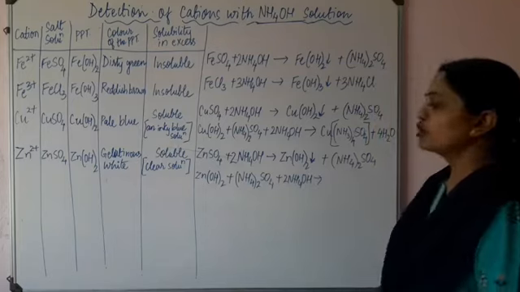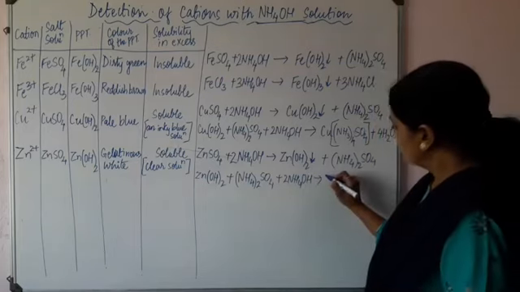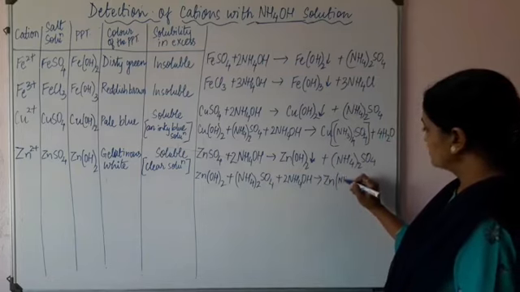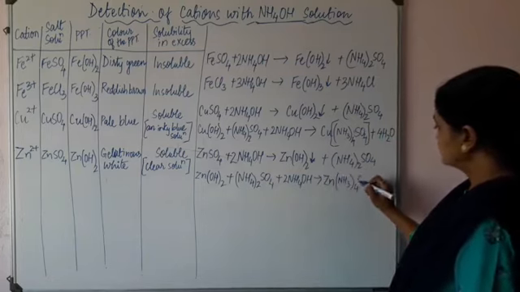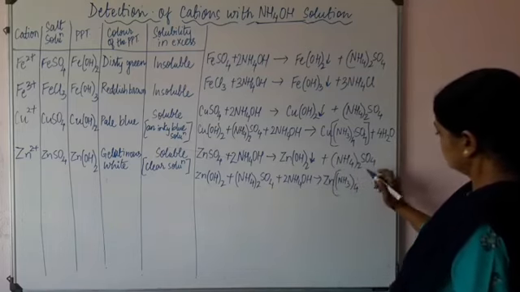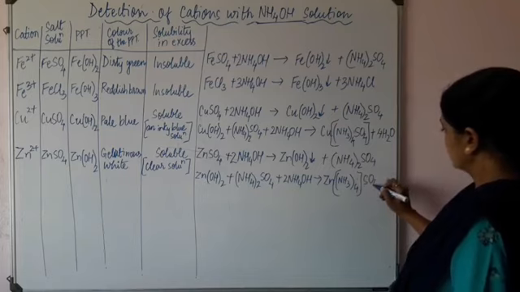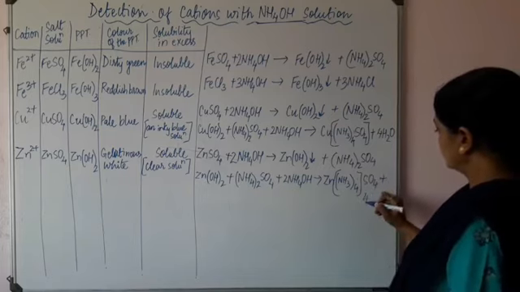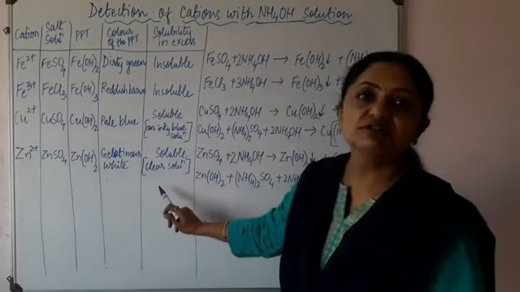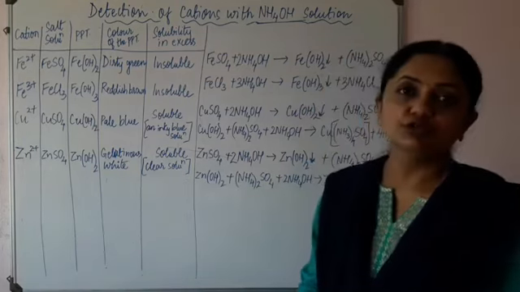So what do we get? We will get tetraamine zinc sulfate, 4 times ammonia, along with 4H2O. This is the tetraamine zinc sulfate, which is a clear solution.